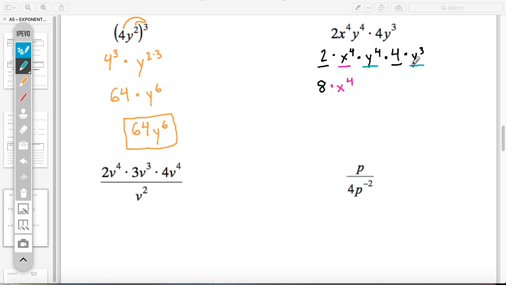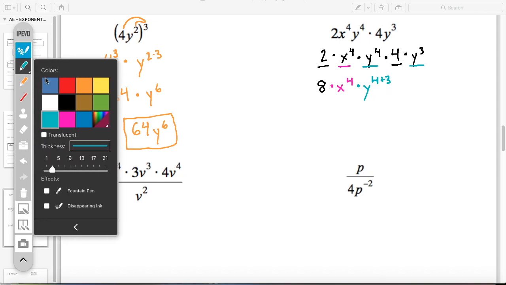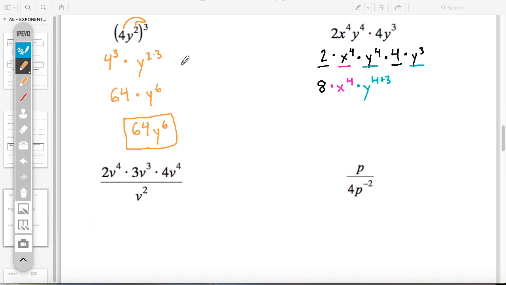So these two terms are being multiplied, so I need to use the product rule. Okay, so y to the 4 plus 3. Okay, so if we simplify all of this down, 8 cannot be simplified, so it will remain in our solution. X to the fourth cannot be simplified, so it will remain in our solution. And then we have y to the 4 plus 3. Well, of course, that's y to the 7th. So that is our solution.